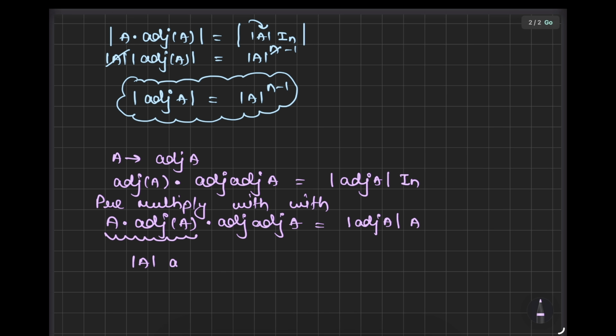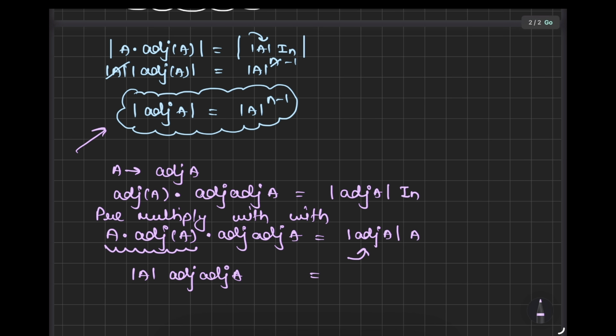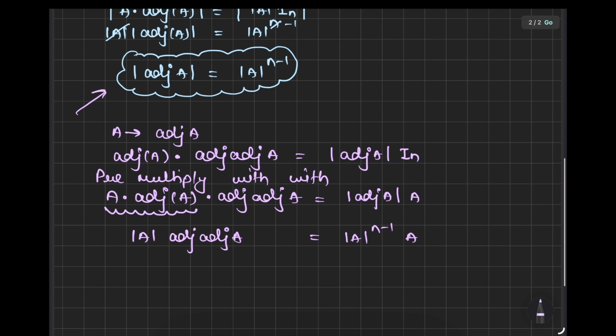So determinant of A times adjoint A will look like this, and you know that determinant of adjoint of A is determinant of A power n minus 1, times A. Now here is 1, over there it is 1, so we will divide both sides by determinant of A, so we will be left with adjoint adjoint A is equal to determinant of A power n minus 2 times A.